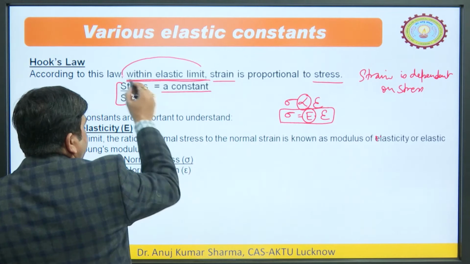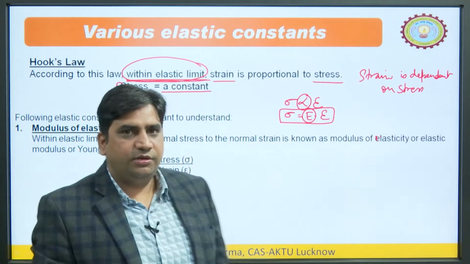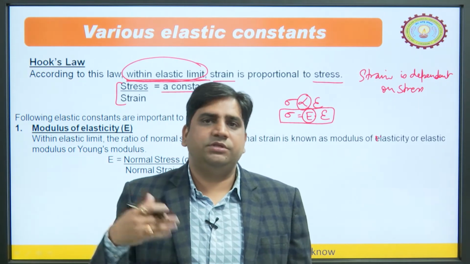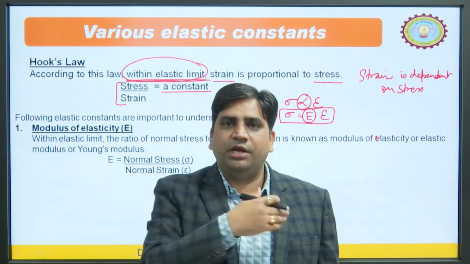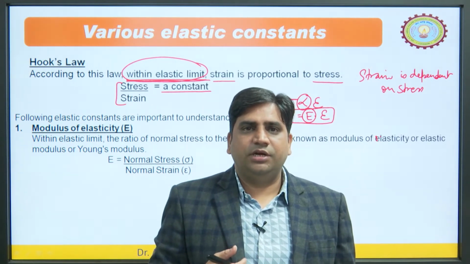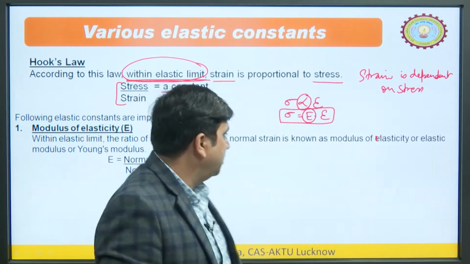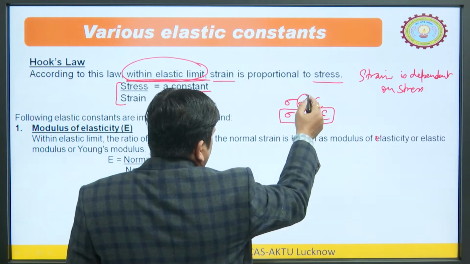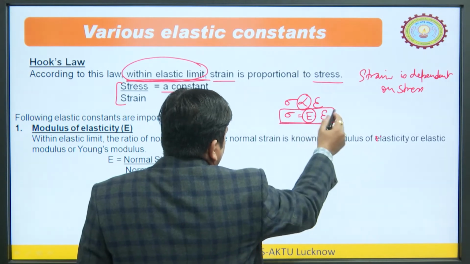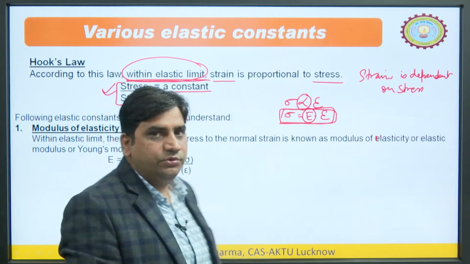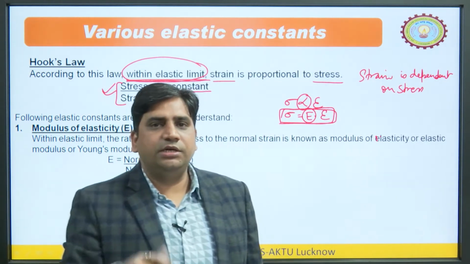I will discuss more about this limit in the stress strain diagram, where we will discuss what the elastic limit is, what the plastic region is, and what the elastic region is. According to Hooke's law, stress is directly proportional to strain, and this is what we get when you remove the proportionality sign. So, this is Hooke's law. Hooke's law is applicable up to the elastic limit, beyond that it does not work.